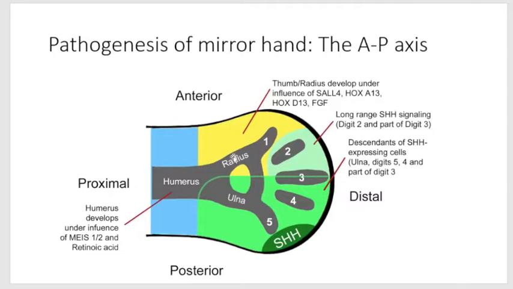But for the mirror hand, if you take a cross-section of the limb bud, anterior means towards the thumb, posterior is towards the little finger. And you can see here the zone of polarizing activity, which is posterior, ZPA, contains sonic hedgehog. Now, the sonic hedgehog cells, carrying the protein, are the ones in dark green here, this area.